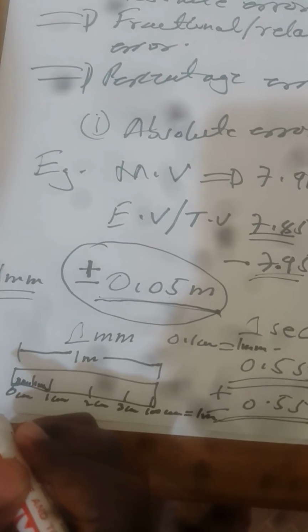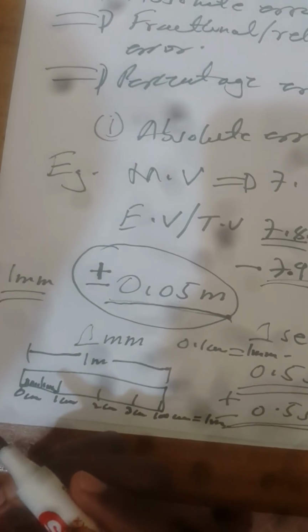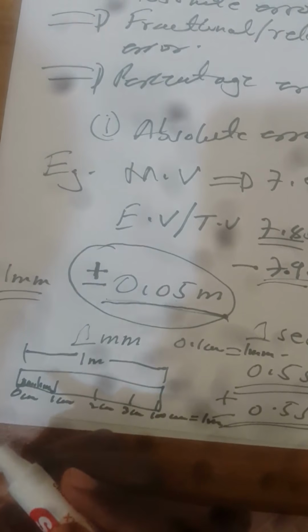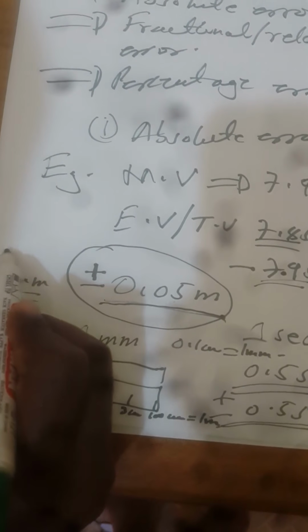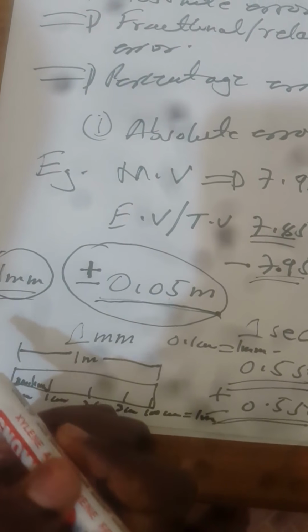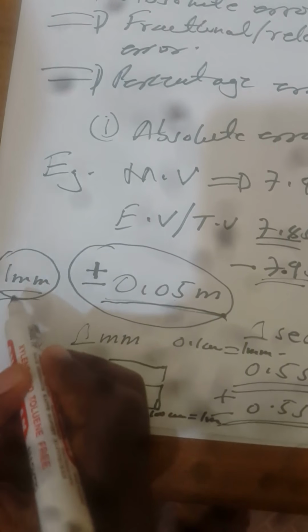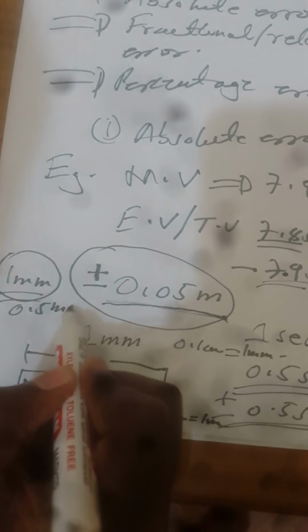In order to obtain an absolute error in a meter rule, we said you take a half value of the smallest division. The value of the smallest division in a meter rule is 1 millimeter. So it's a half, it will be 0.5 millimeter.